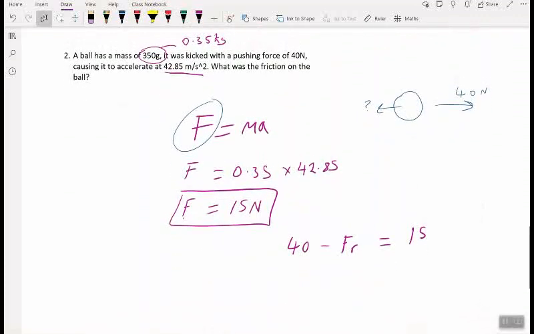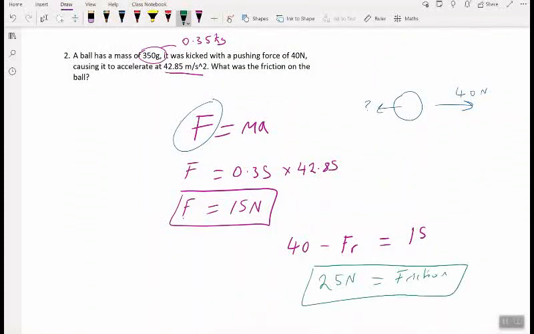So what must that be? It's going to be 25. So I've got 25 newtons equals that frictional force, by doing 40 minus 15 and moving the friction over. Now that would be more like a grade 8 question. Next video we'll look at Newton's third law.